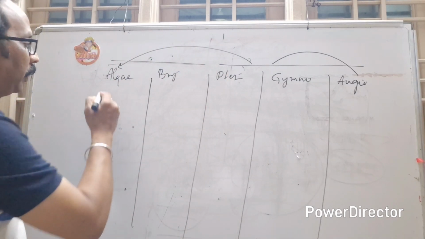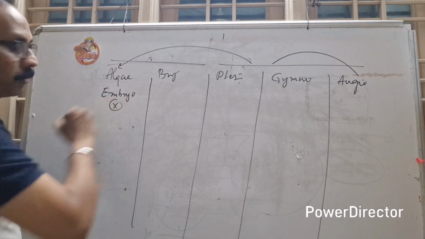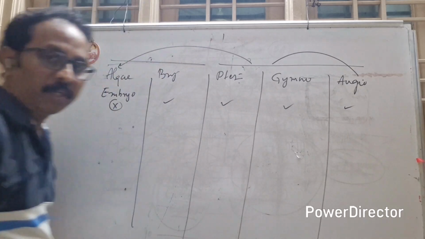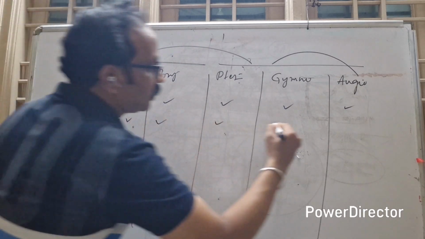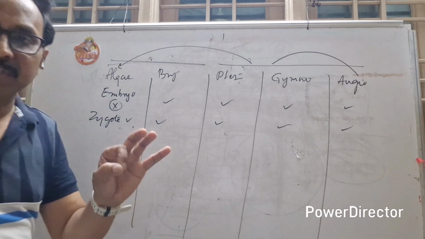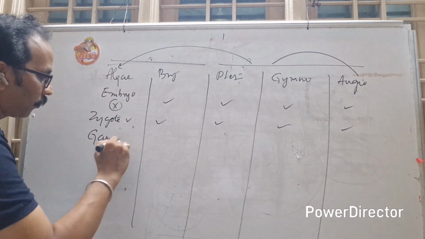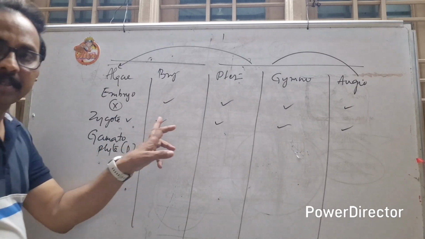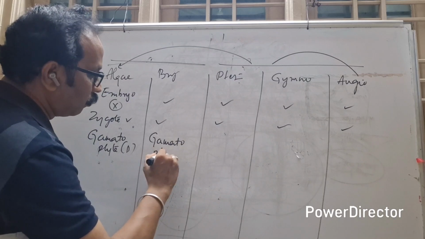One thing: embryo absent, embryo present, embryo present, embryo present. If the question is asking about zygote, zygote is present in all sexually reproducing organisms. In algae, gametophyte is dominant, and in bryophytes, gametophyte is dominant.